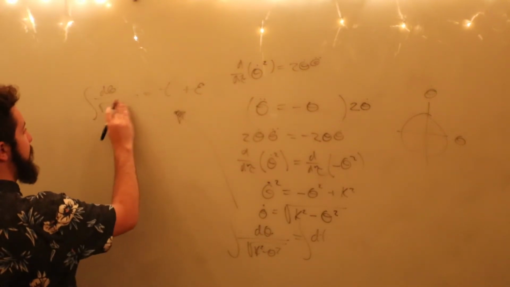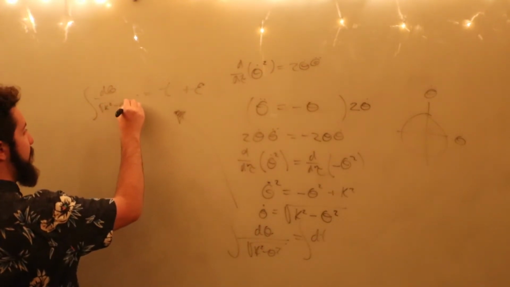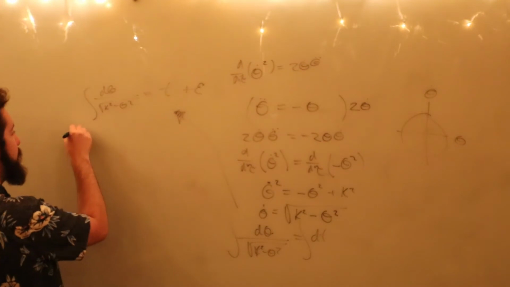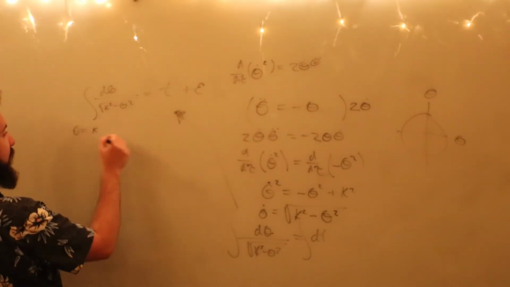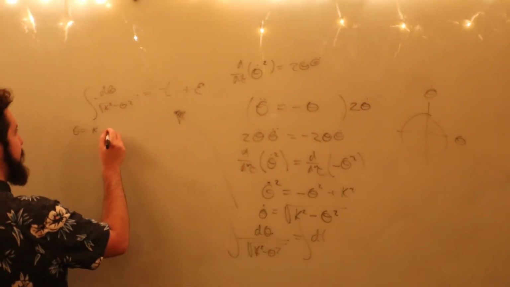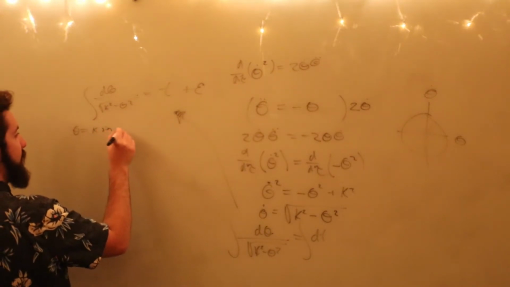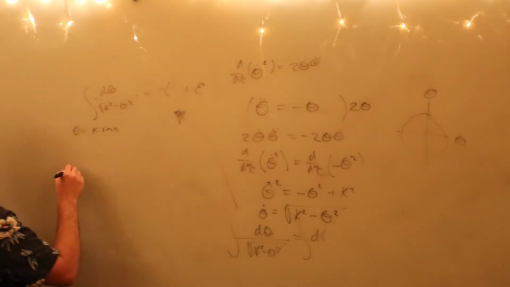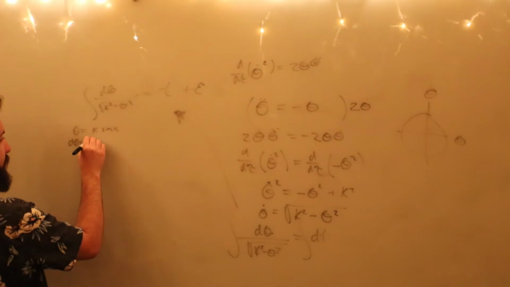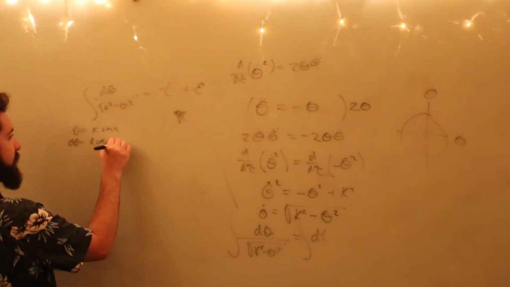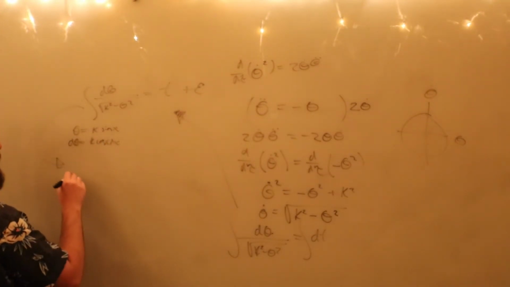Let's leave it as is, k squared minus theta squared, and then let's just make a substitution. Theta is equal to k times sine of x. So then we get d theta is equal to k cosine x dx.